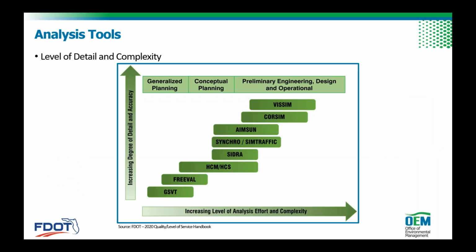It's not a comprehensive list of available tools, but many are common ones here. This chart shows the increasing level of analysis effort and complexity across the bottom, with the y-axis being degree of detail and accuracy. And across the top, probably the most important part here, are the three major stages in project process, whether it be generalized planning, conceptual planning, or the PD&E and operation analysis.